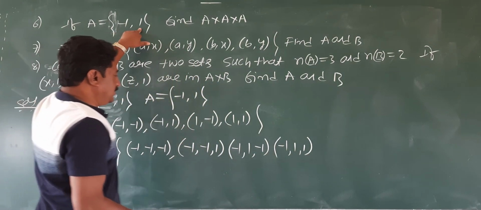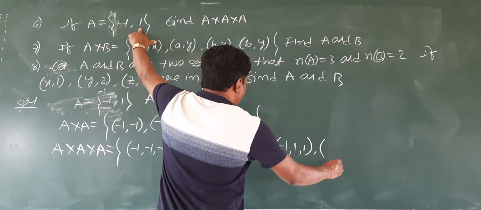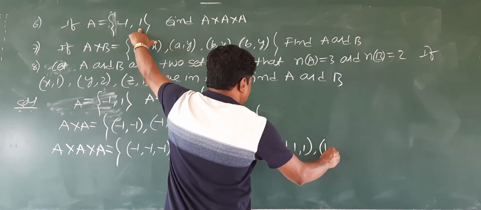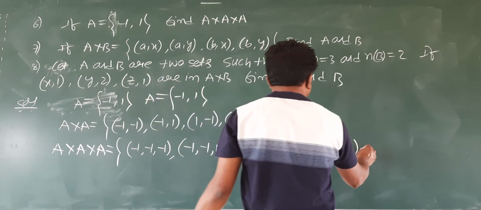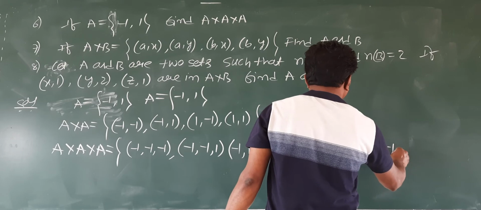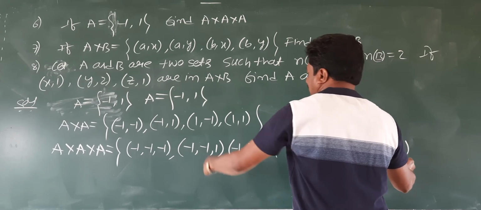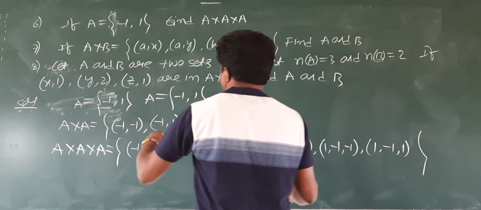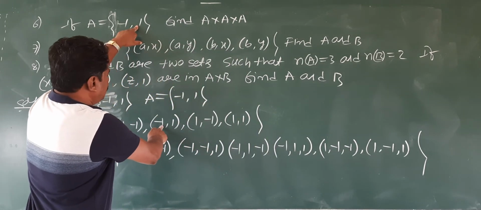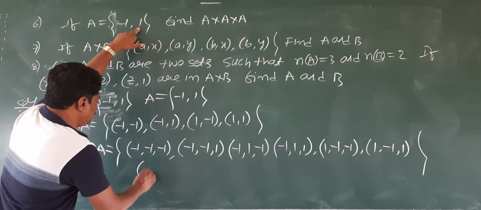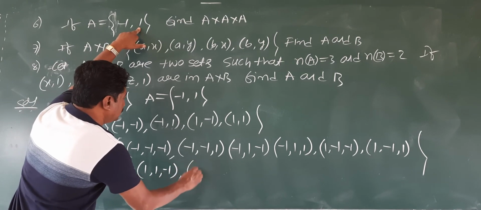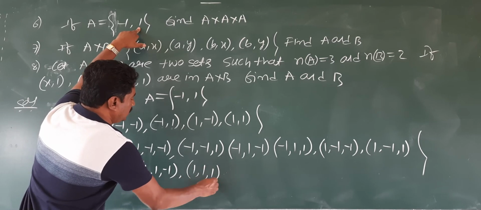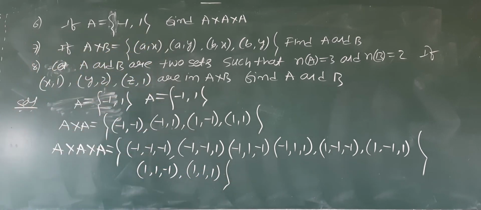Now you take 1: (1, -1, -1), (1, -1, 1), next (1, 1, -1), next (1, 1, 1). So right, we got it. This is A cross A cross A.